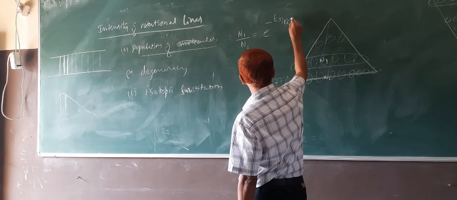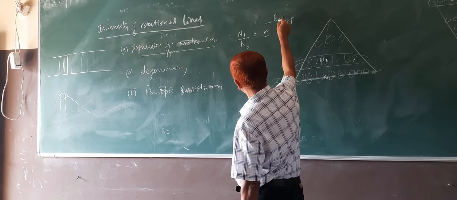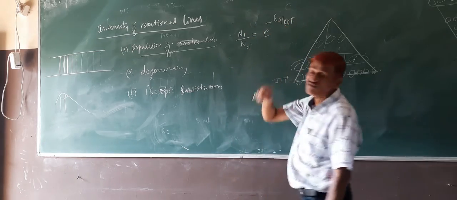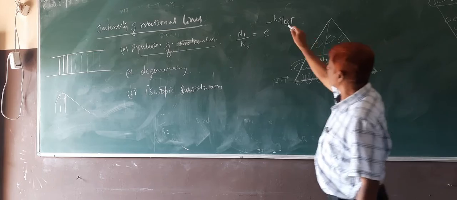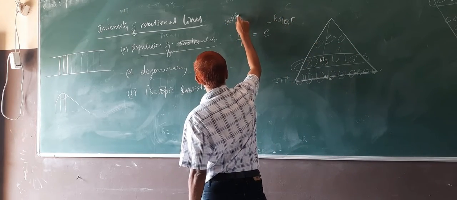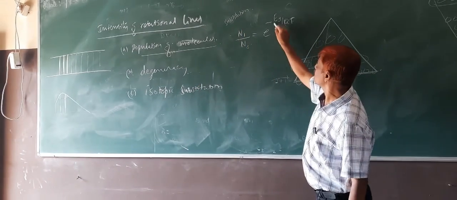This is at a particular temperature, and if this is the rotational energy, then n1 by n0 is equal to e to the power of minus Ej by kBT. That is the population distribution. If you substitute the value here, what is the value of Ej?